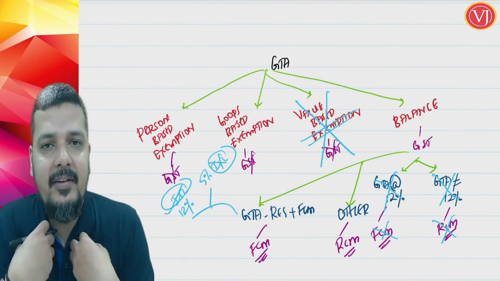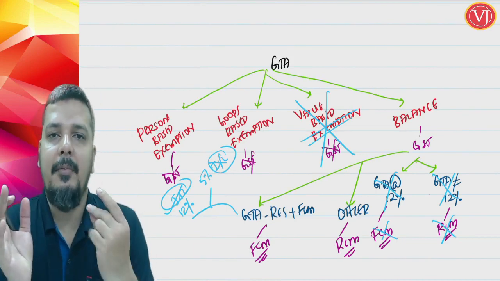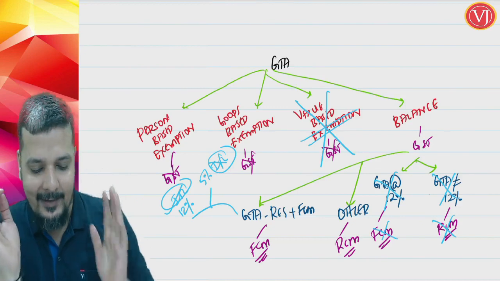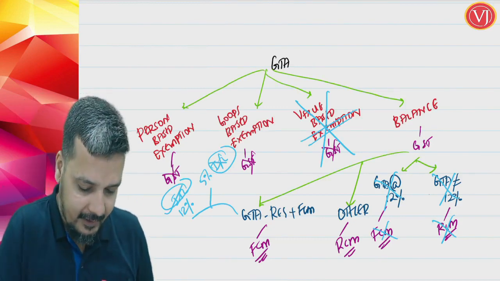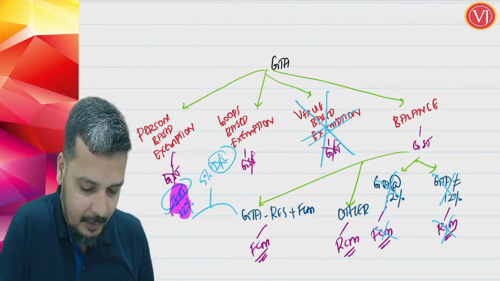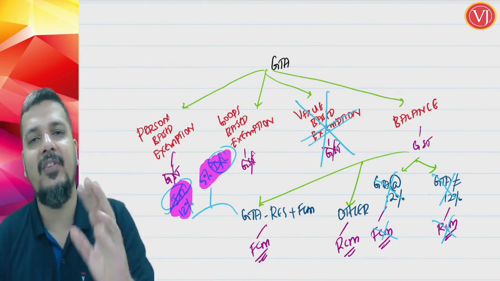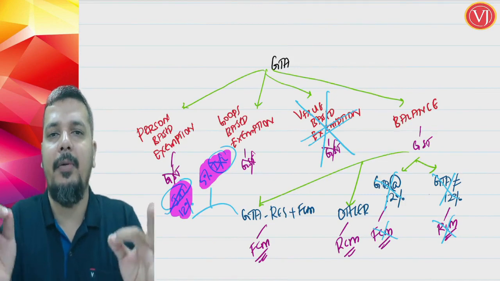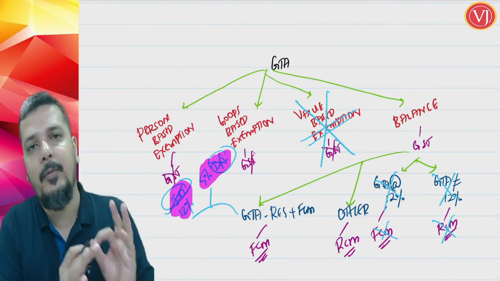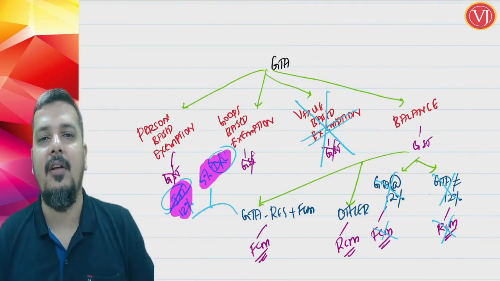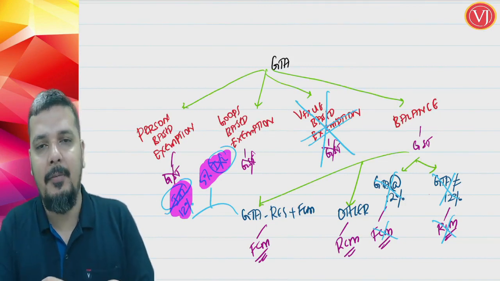GTA is telling that I am registered and I want to pay under FCM, it will be FCM. Whatever rate GTA has selected, whether 12% taking the benefit of ITC or 5% without taking the benefit of ITC, that is GTA's choice. If GTA is telling that I am registered, I want to pay tax under FCM, then it would be FCM, and it has to give a declaration in the invoice telling that I have opted for FCM.